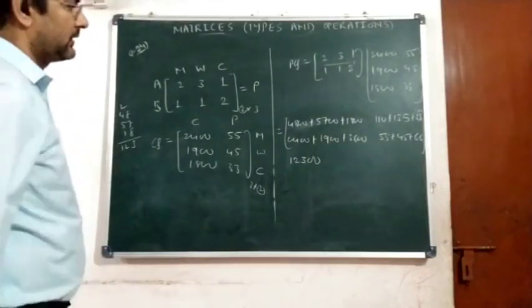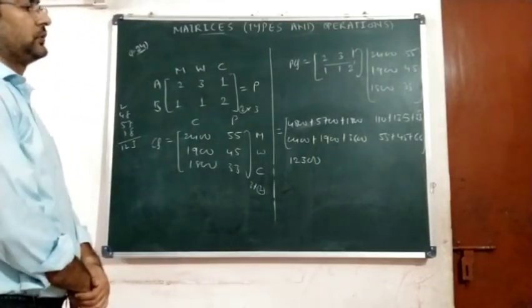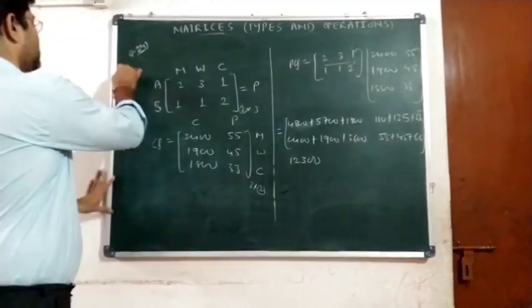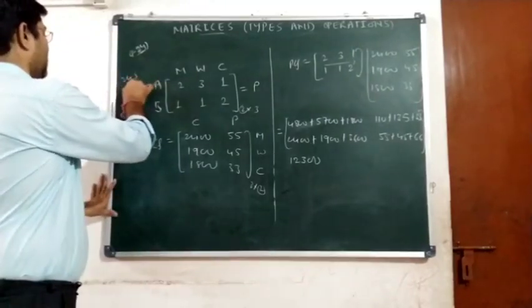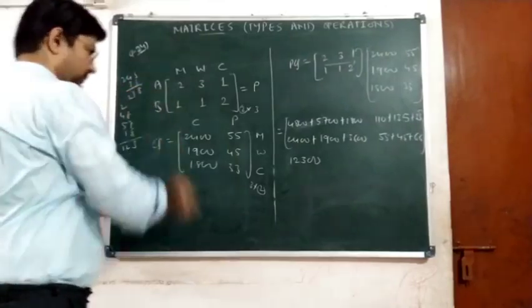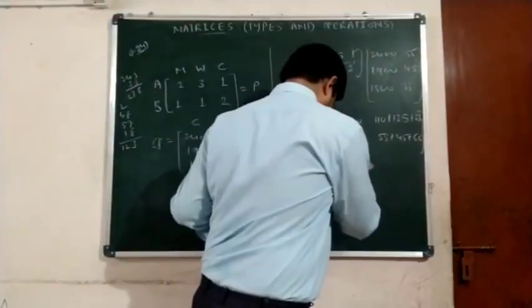Similarly, if you add 110 plus 135 plus 33, it is 278.